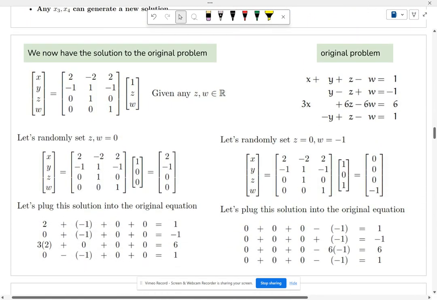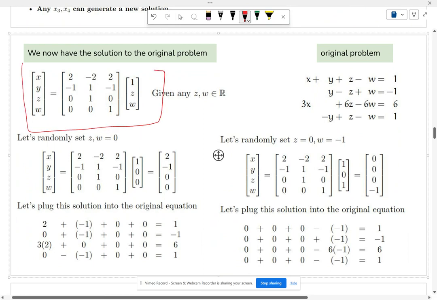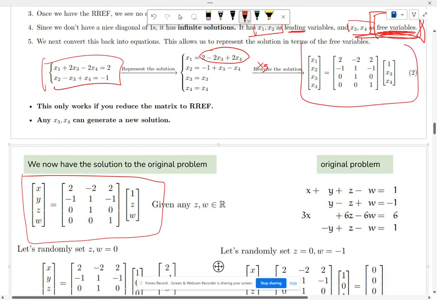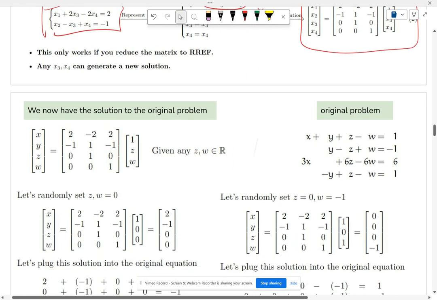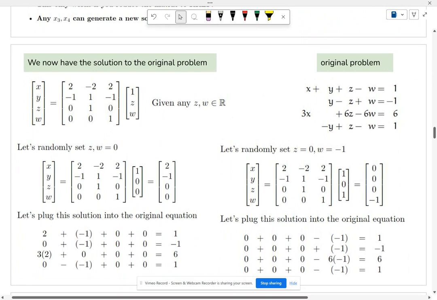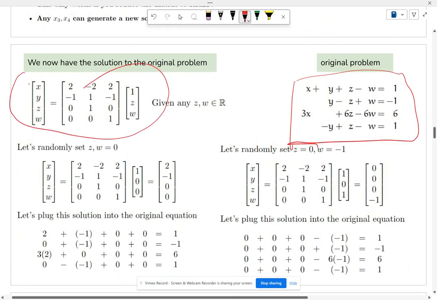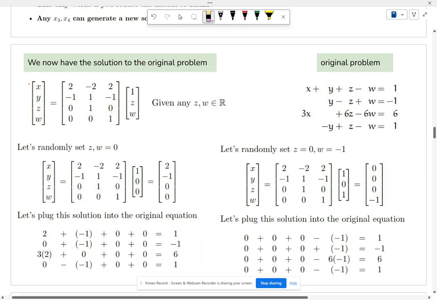Now, remember, this is the solution right here. I'm copying that over here. And this is the original problem, if you remember. I told you, given any free variables z and w.